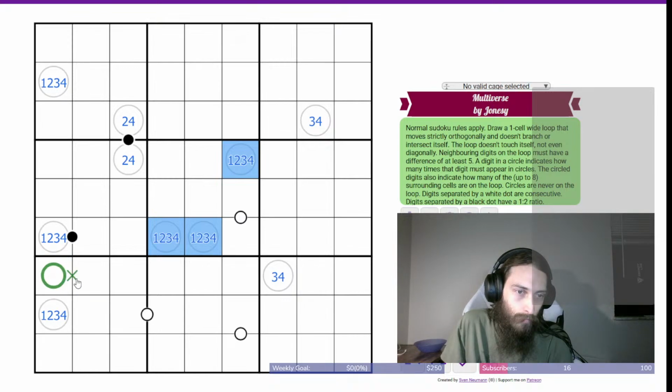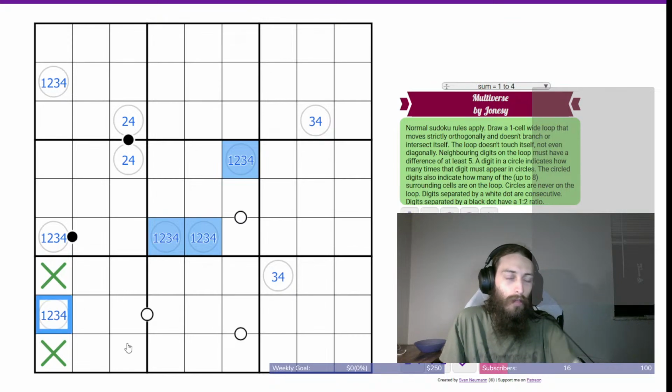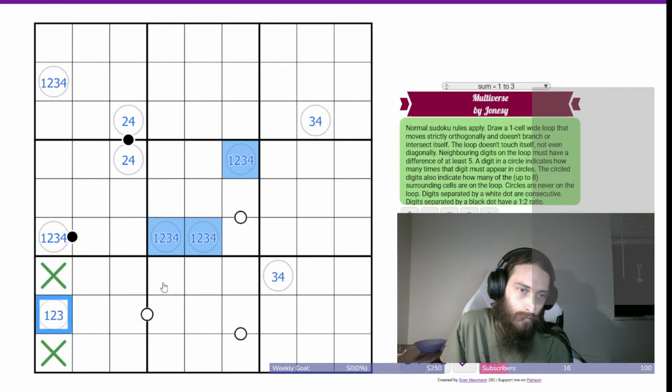Okay. Well, we know that cell can't be, and that cell can't be. So this can't be a 4. Well, and the first cell of the box of the grid can't be either, because it can't go through the, and it has to loop.